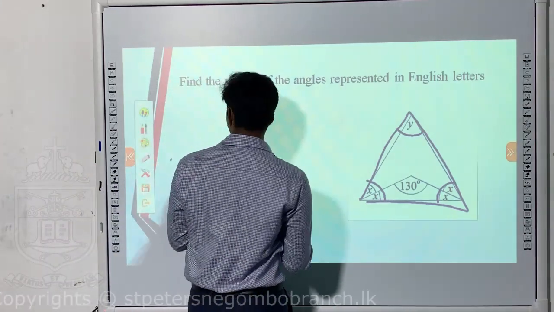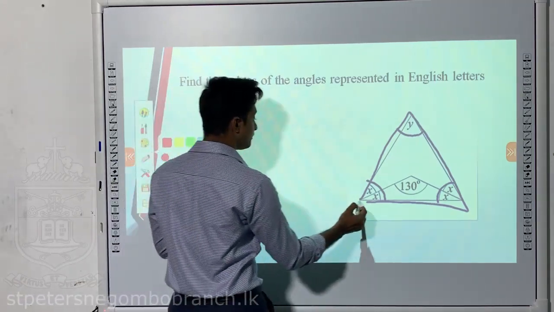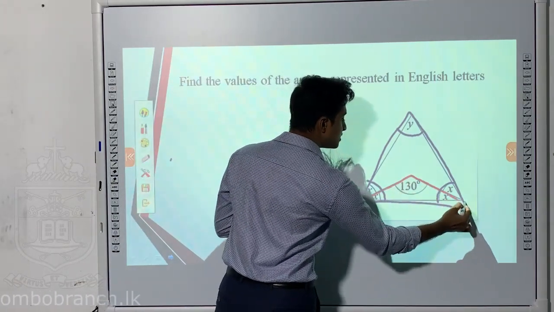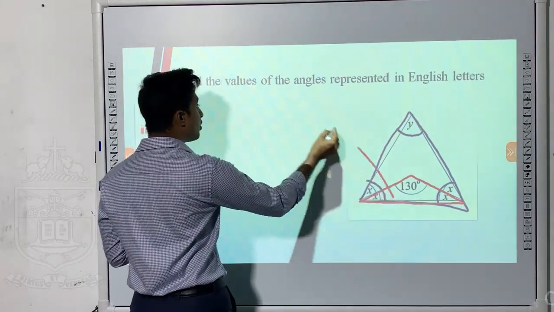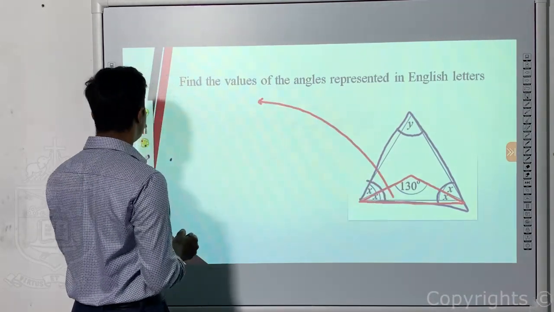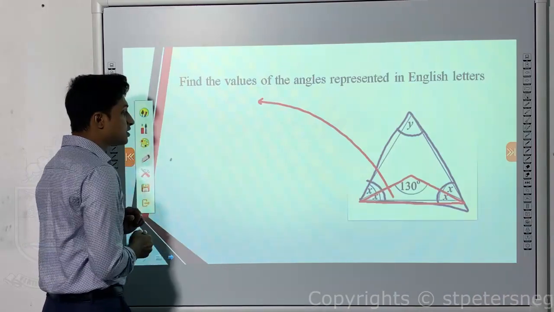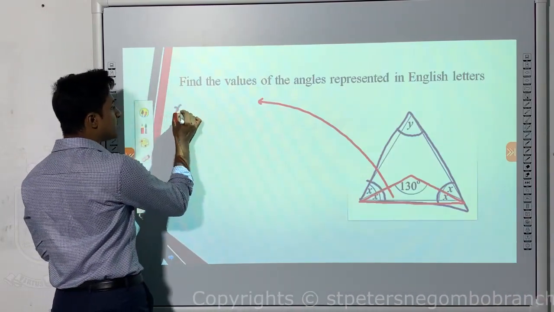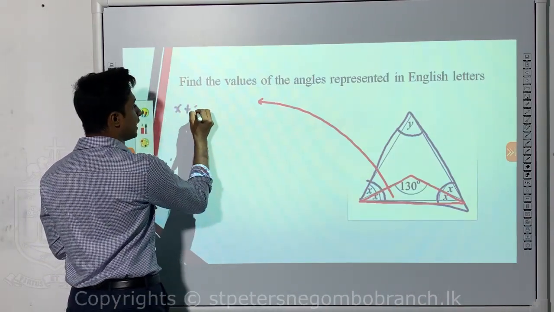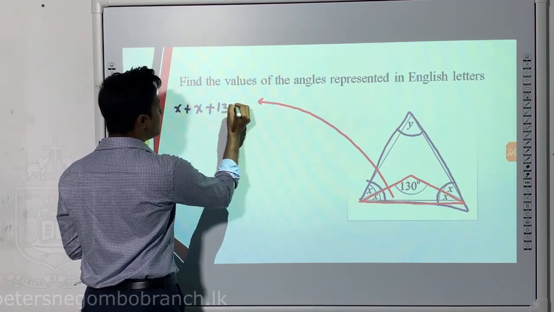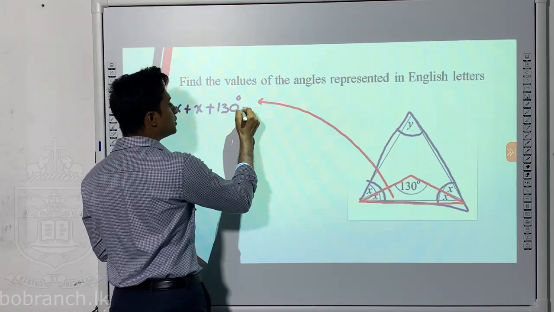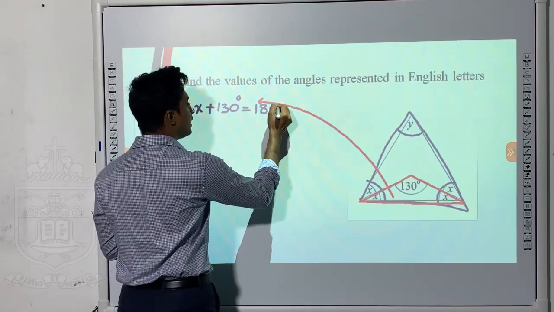Why? You can see this small triangle. So I can consider the smaller triangle first. Using the smaller triangle, I am going to find the value of x. So how? x plus x plus 130 is equal to 180.